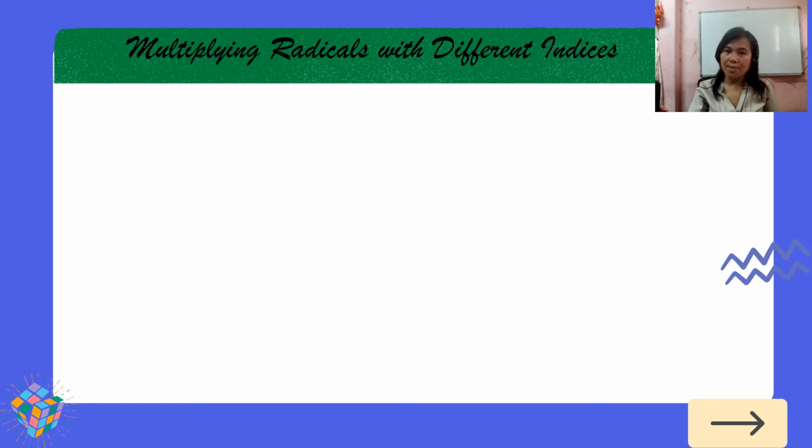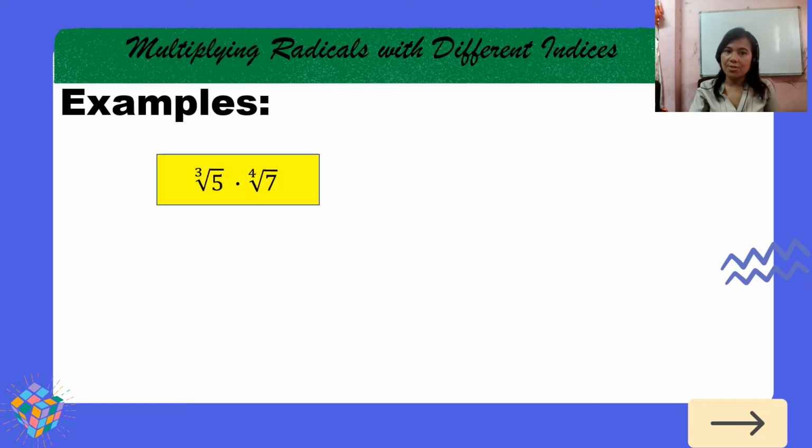Okay, so paano nga ba mag-multiply ng radicals with different indices? So, if we are going to have cube root of 5 times 4th root of 7, so basically, kung napansin natin dito, they actually have different indices, like yung sa 5, yung index niya is 3, yung sa 7, yung index niya is 4.